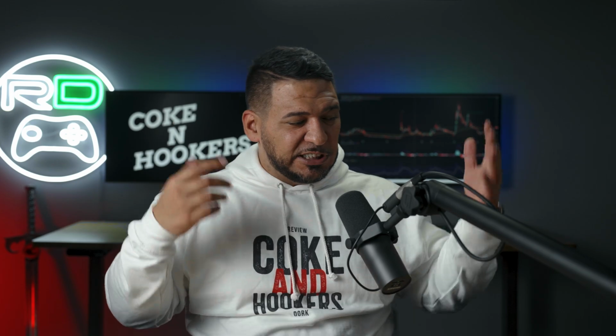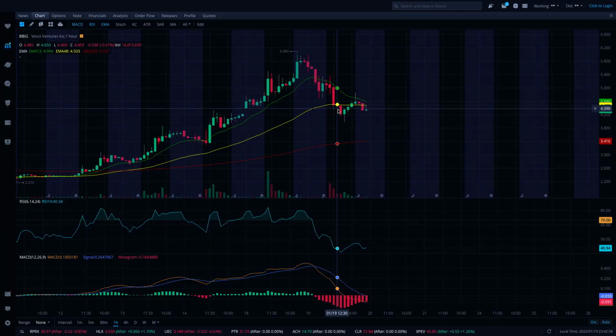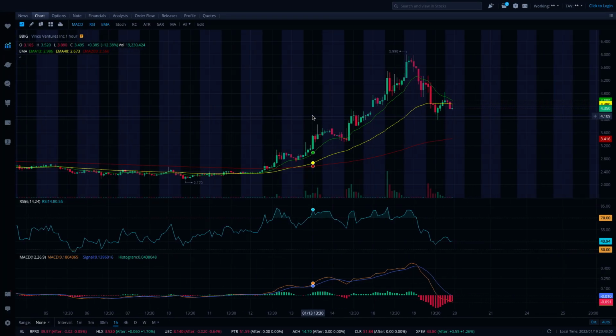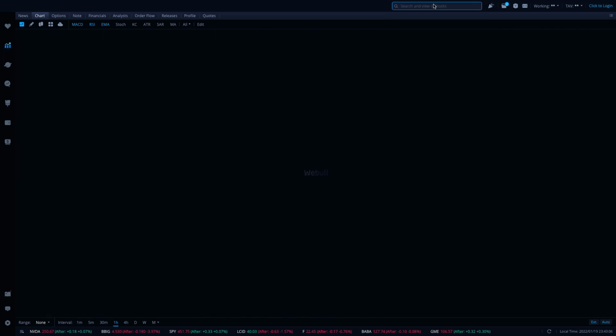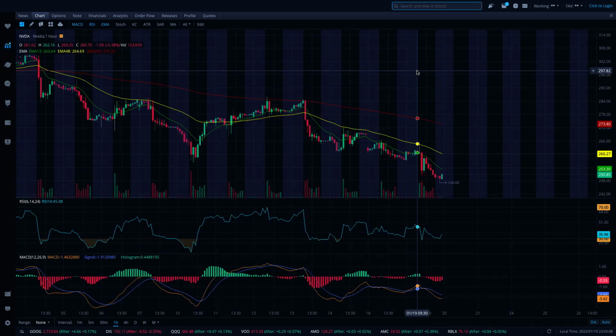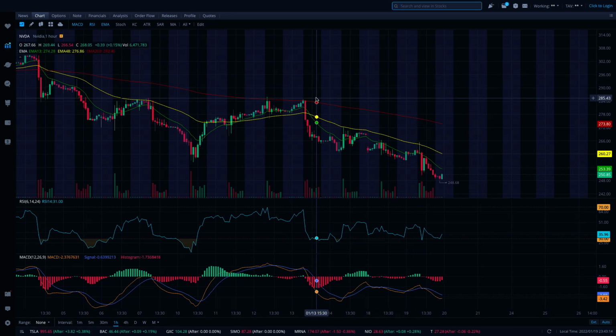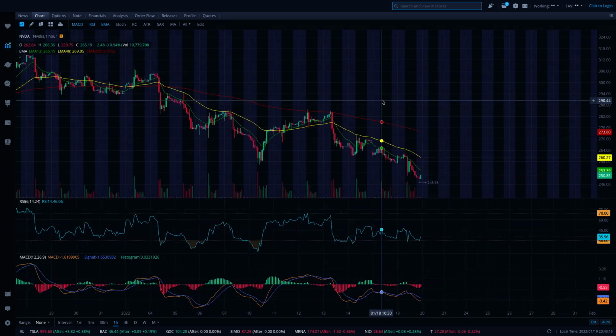Now, we don't need to get deep into TA when we're playing this because this is a point and shoot strategy using the crossover. So what are the rules for the crossover? Let's go ahead and pull up a favorite stock of mine, NVIDIA. Before we enter a play and before we even think about accepting alerts, we want to get an idea of the overall trend.